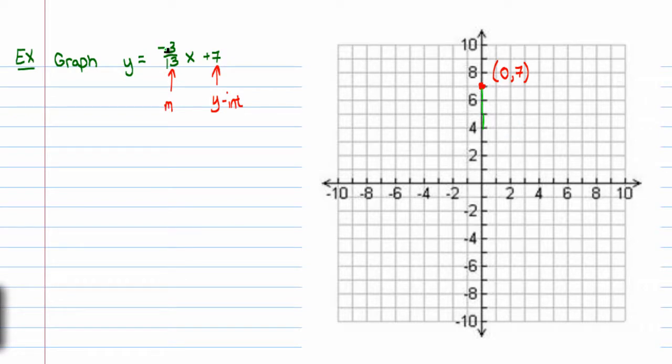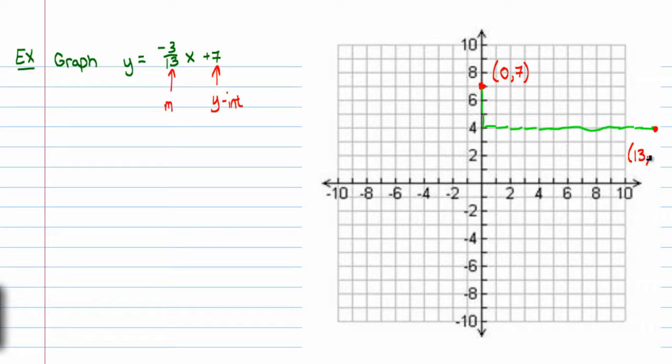By the way, that negative says drop down 3, but the bottom is a positive 13. So the bottom is saying now run forward 13 steps. 1, 2, 3, 4, 5, and so on and so forth. This is all the way out to 10 there. And I'll need 3 more steps beyond this graph. So 1, 2, 3. We'll just say it goes to there. And you connect those points.